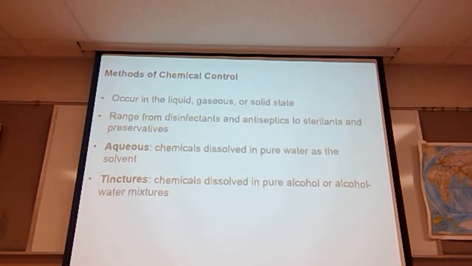Again, an example of an aqueous solution that you could buy over the counter would be bleach that you buy in the laundry aisle. That bleach, it's called hypochlorous acid. It is a chlorine and water combination. It is an aqueous solution of chlorine.